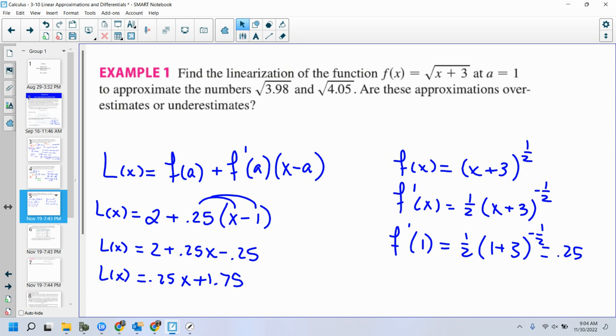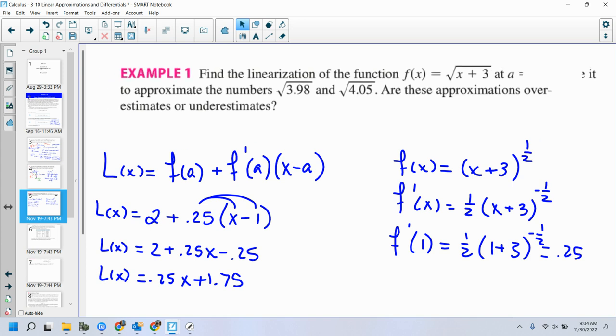1/4 times 0.98. How did I go away from 3? Ah, I see. Okay, what I have to do here is look at this piece inside. Look at this piece inside here. 3.98, right? What is the x value that gives me 3.98? Looking back here.